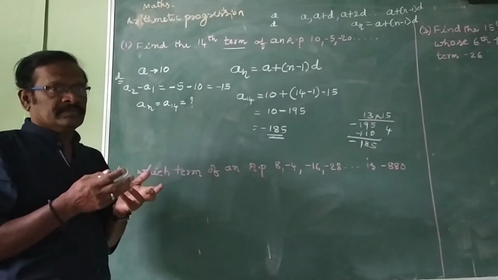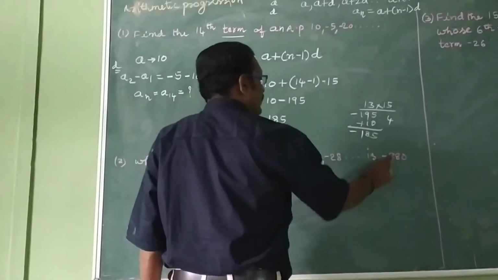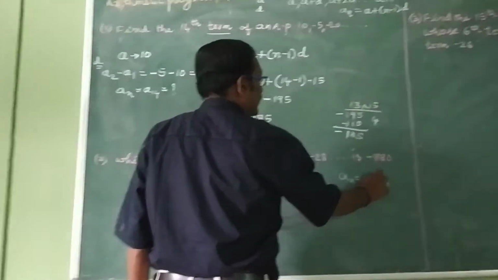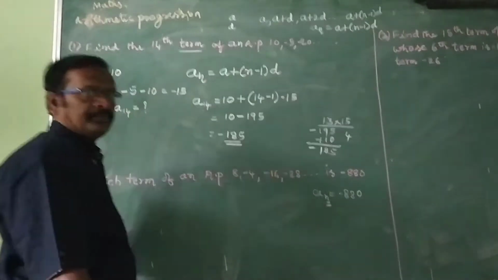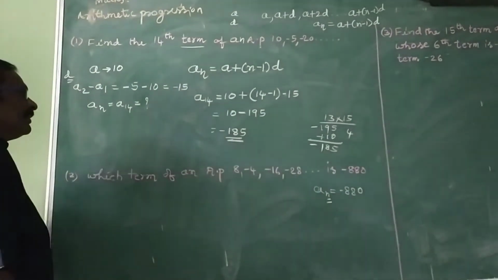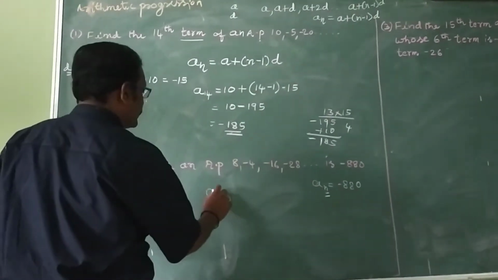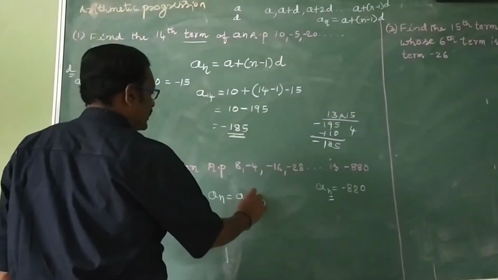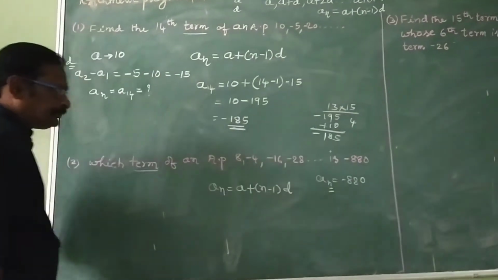Which term? an is equal to minus 880. Which term means you have to find n. So, term comes, use the term formula, an is equal to a plus n minus 1 into d.